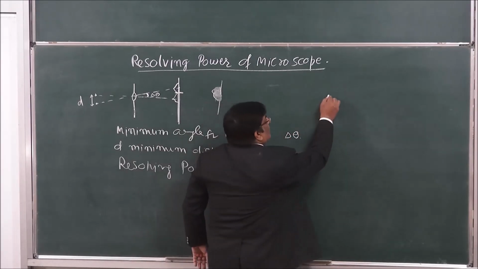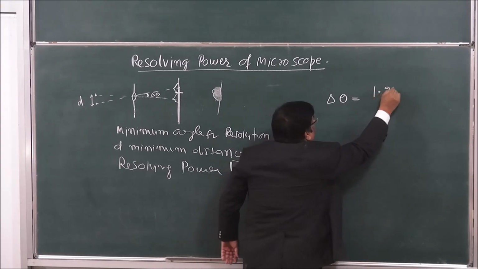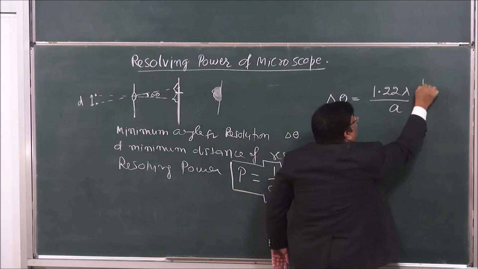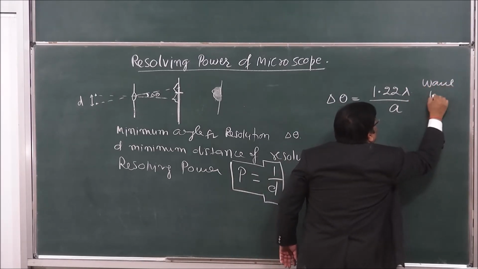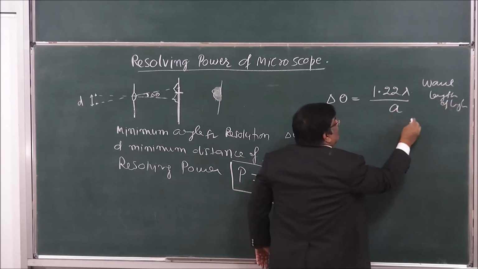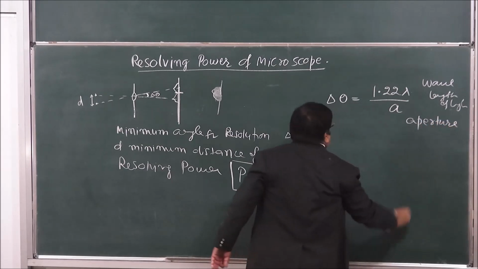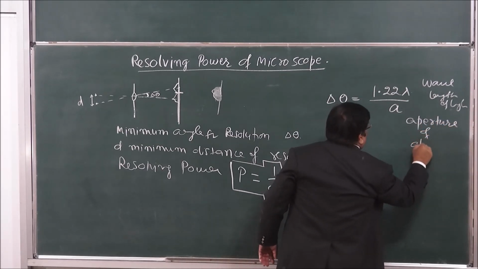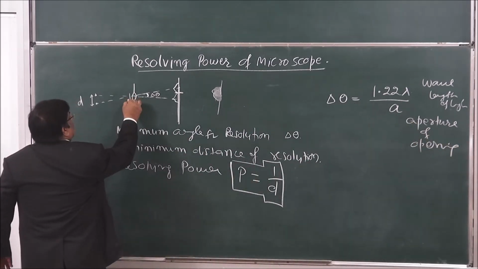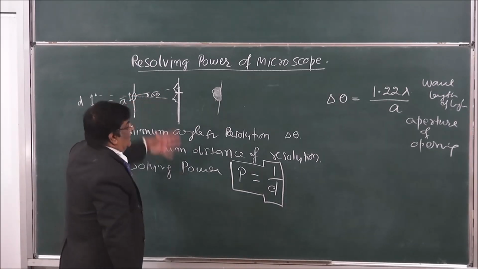For clear resolution, delta theta should be equal to 1.22 lambda upon A, where lambda is the wavelength of the light, and A is the aperture of the opening. Here it is the aperture of this lens. This is A. Lambda, whatever is the light.